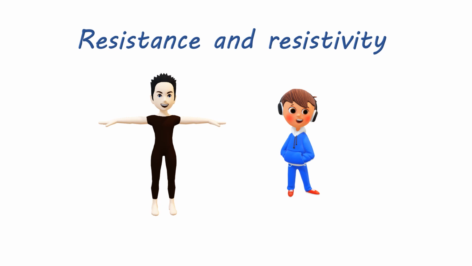So, this difference of the absorption or resistance is known as resistivity. Resistivity is basically a property of a matter. Well, the resistance is the quantity of absorbing or resisting the electric charge.